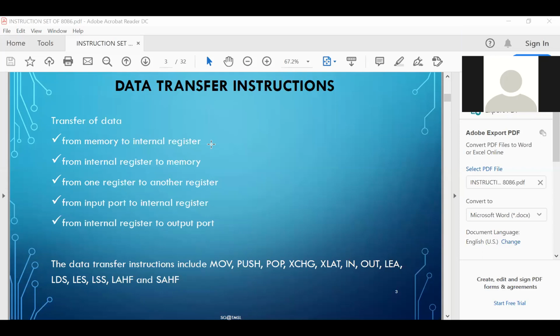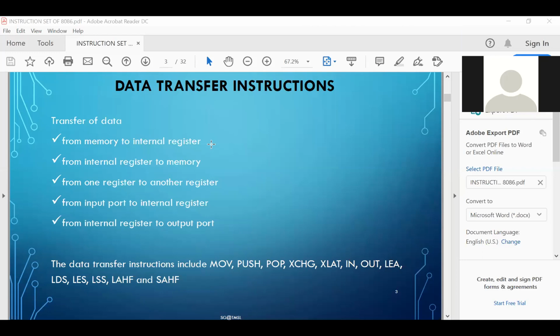Input output devices are external to the processor, so any input can be transferred from the input device to the register, or from the register to the output device, and that is called from internal register to output port.